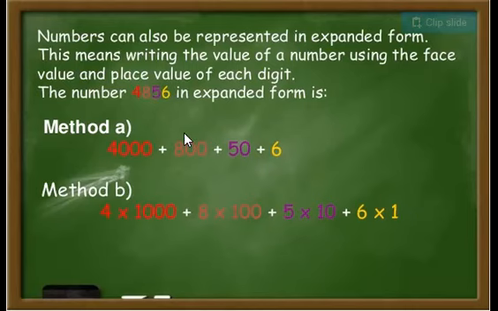Another way you can also write it: 6 is in the ones place, that means 6 into 1. 5 is in the tens place, that means 5 into 10. 8 is in the hundreds place, that means 8 into 100. And 4 is in the thousands place, that means 4 into 1000.